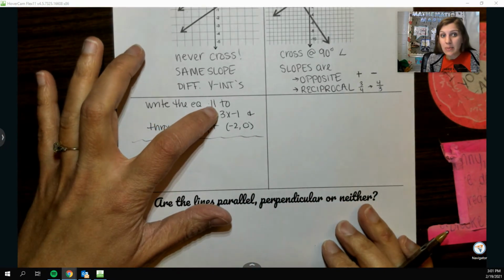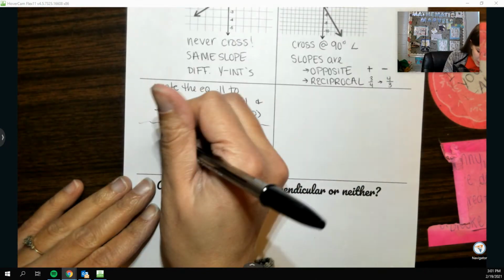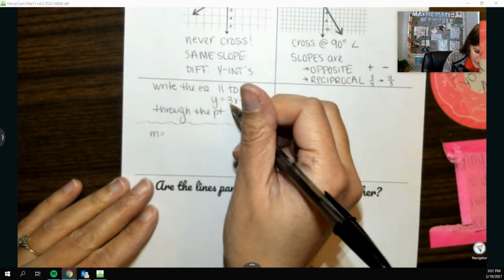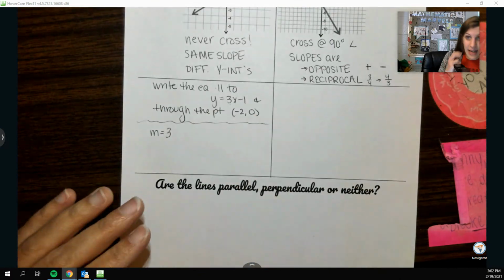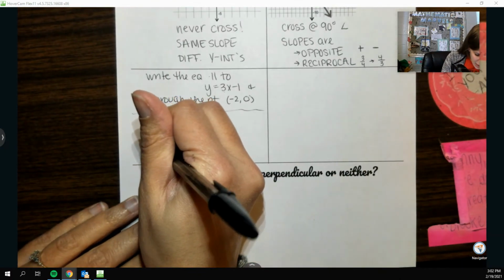And since I want it to be parallel, I have to have the same slope. So my slope also needs to be 3, because this guy's slope is 3. And I need to go through the point -2 comma 0.